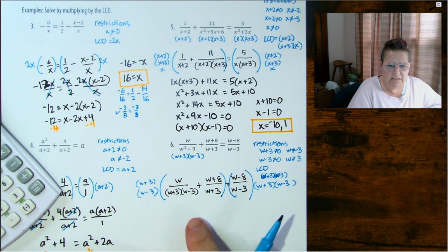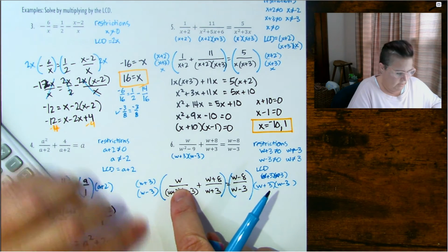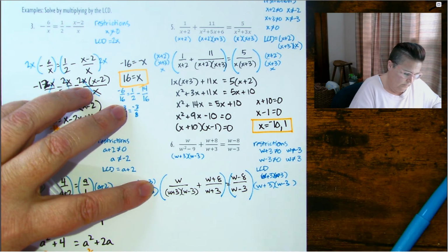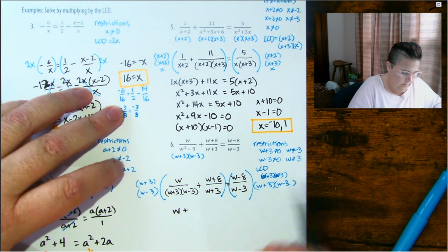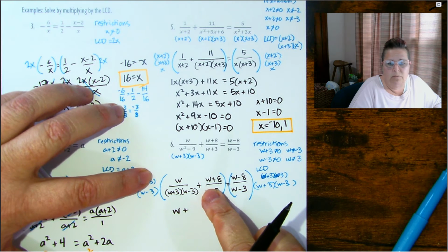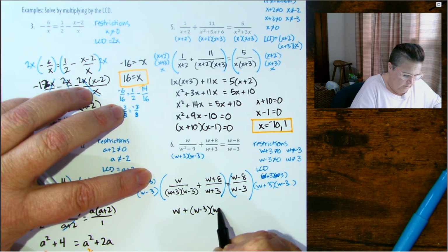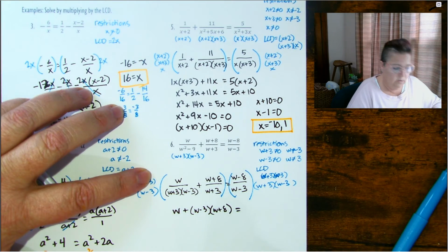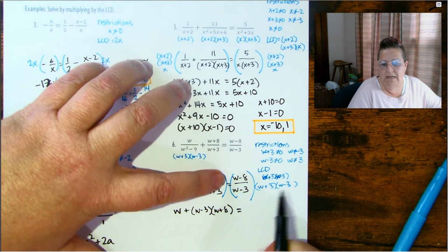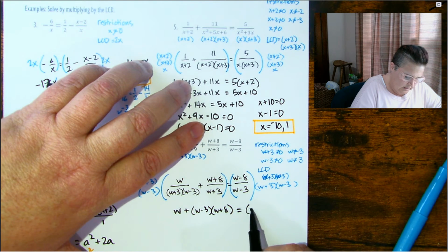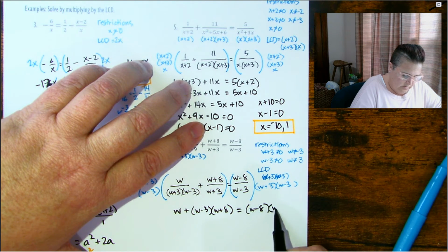Both of those will cancel, leaving just a w. And the second one, it's the w plus 3. So w minus 3, w plus 8 equals. And then on the right side, it's the w minus 3, so that would be w minus 8 times w plus 3.